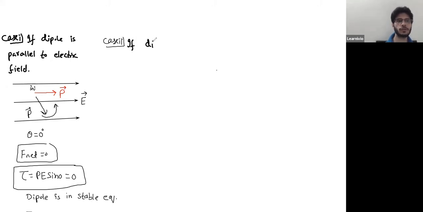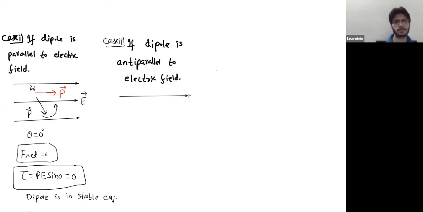If the dipole is anti-parallel to the electric field, it means this is the direction of the electric field and the dipole moment is acting in exactly the opposite direction.